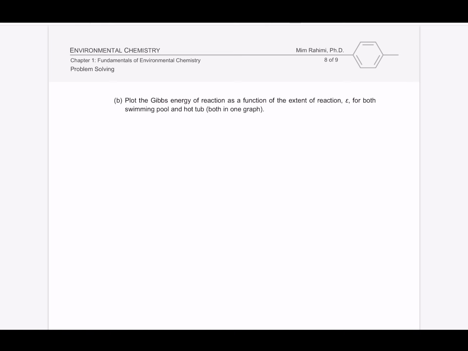So the first thing we have to write is the delta G reaction formula, what you have on the printed paper, delta G 0 plus RT ln Q. That's what we had in lecture 4.